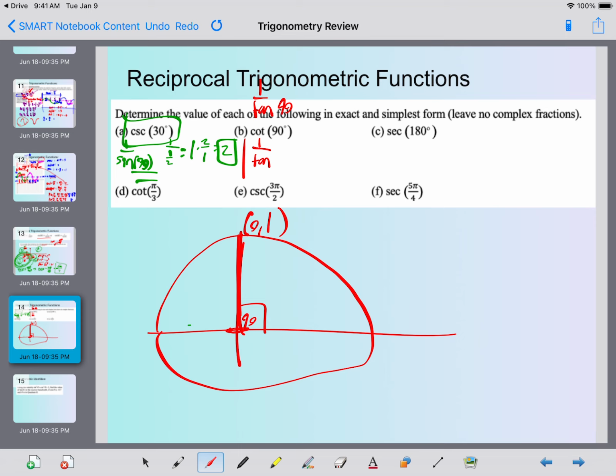Tangent is sine over cosine. So what you're going to do, take the reciprocal of that, 1 times cosine over sine. Cosine in this case is 0, sine is 1. 0 over 1 equals 0. You get 0.